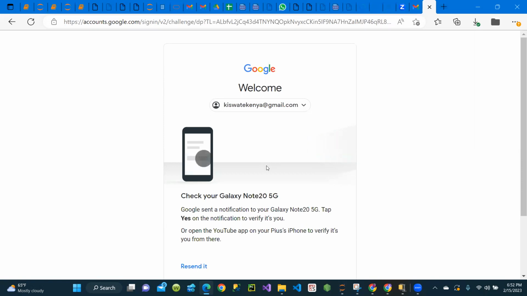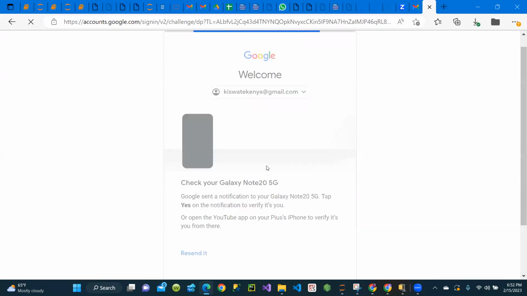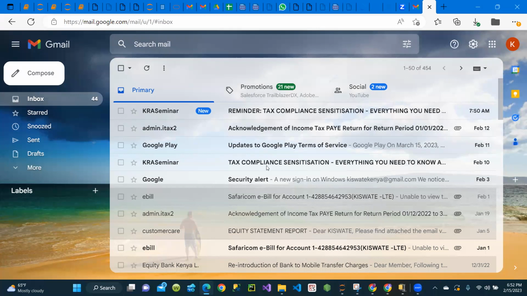I have 3 phones, and those phones are very expensive. The cheapest phone I have is $1,000 US. So each phone has got data that can take you for the next 3 years. You get my point? Yes. That's the point I wanted to make: you need to have a folder in your current phone that is just data. I've logged in. So if you get my phone and run away with it, the value of data I have is like 1 million US dollars worth of data. You can imagine what can happen now.